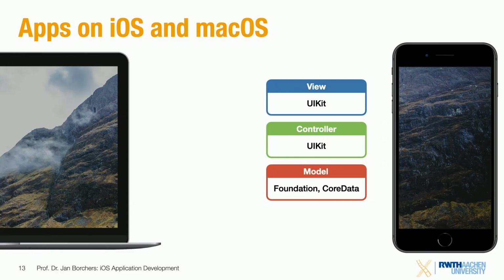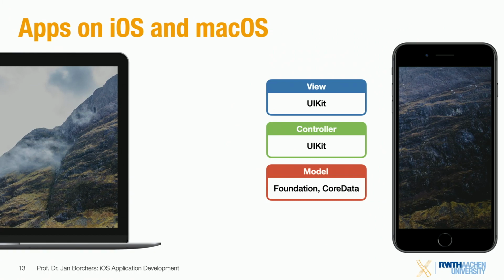So if we compare this to what we've been doing with UIKit before, we can see the following, right? UIKit gave you view and controller: the view was mostly provided by UIKit. Your view controllers were usually things that you would subclass, and that's a lot of where your custom code goes. And your model is being supported by things from Foundation and Core Data.